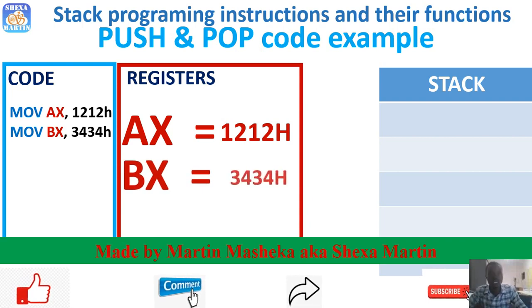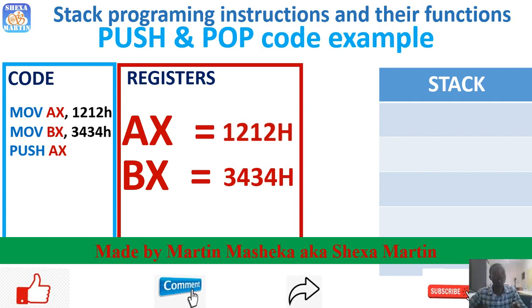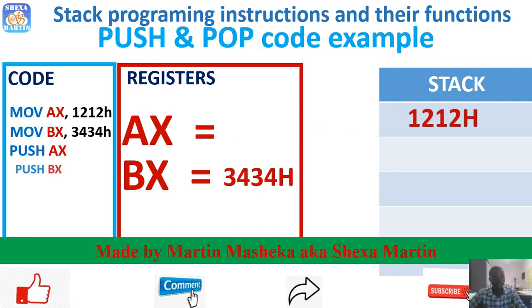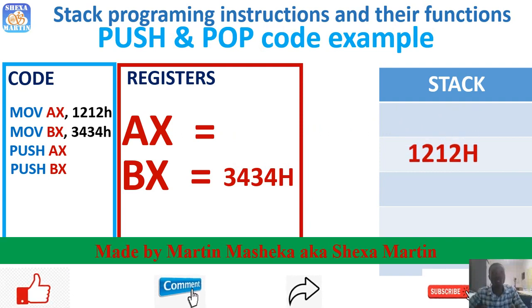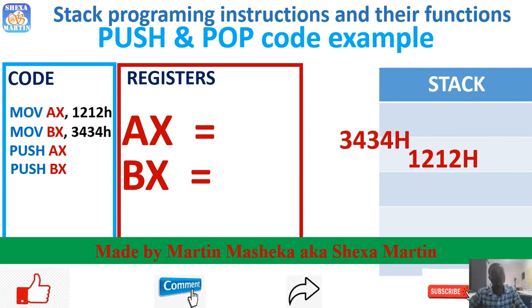So this is how we do it using the stack. We say push AX, and push AX will take the value of AX onto the top of the stack. And then we say push BX, and then BX, 3434, is pushed onto the top of the stack. And then what's next?